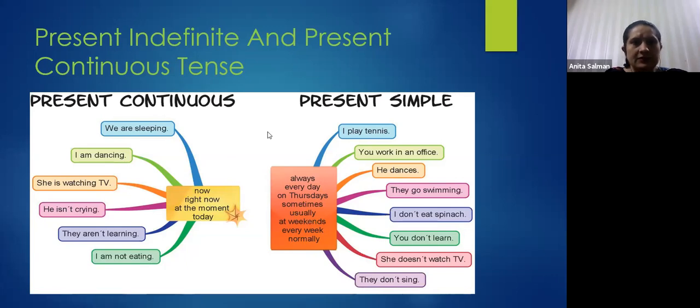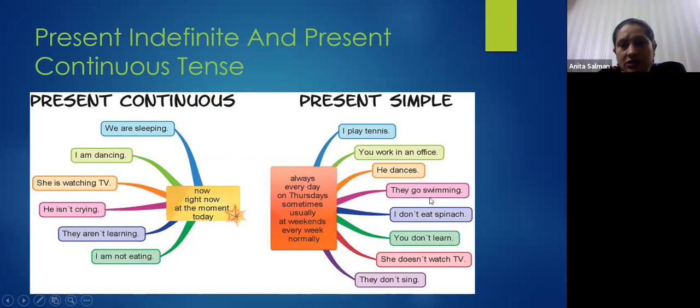You can see here. For simple present tense, we use always, every day, on Thursday, sometimes, usually, at weekends, every week, normally, right? For example, I play tennis always or usually or sometimes. You work in an office at the weekends or normally or every week. He dances every day, on Thursday, whatever you want to use.